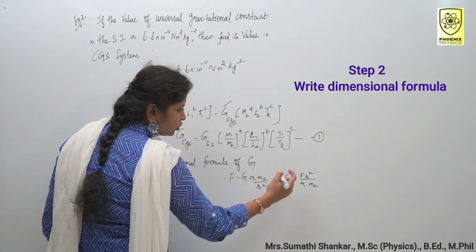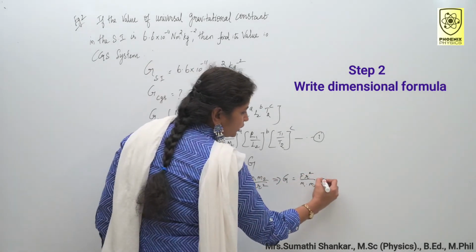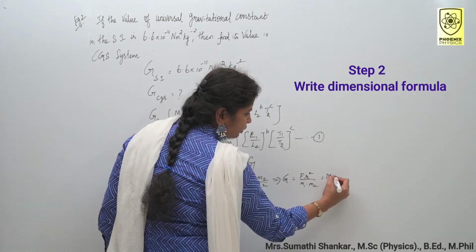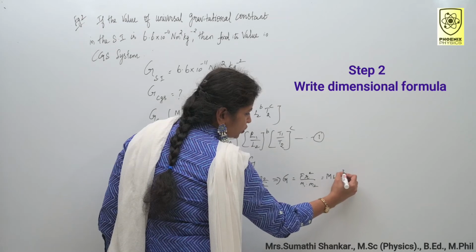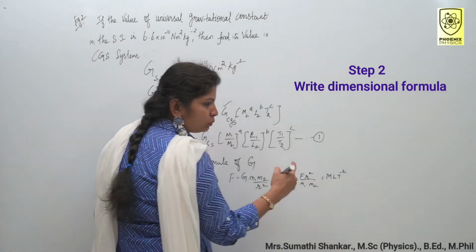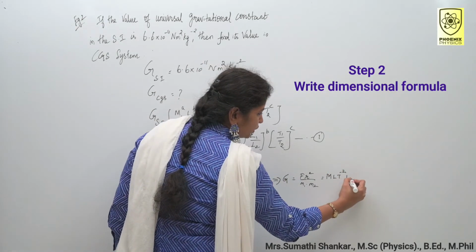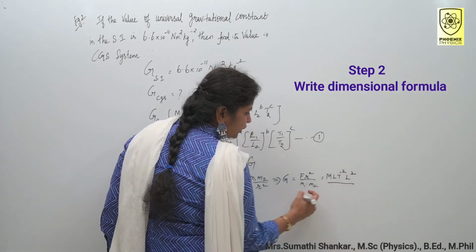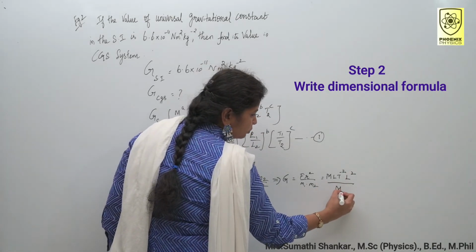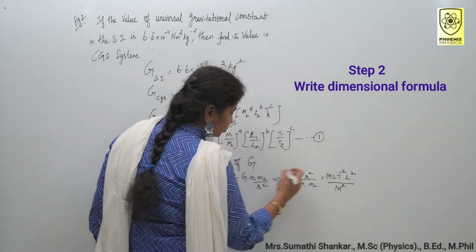You know the dimension of F. What is F? That is mass into acceleration, M L T power minus 2. Then R square, the dimension for R is L. So L square divided by M1 M2, means M square. Bring this term to numerator.